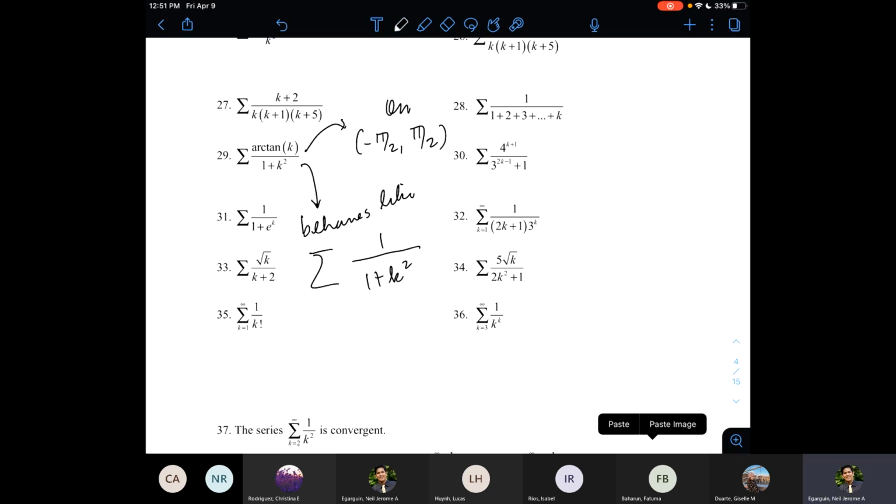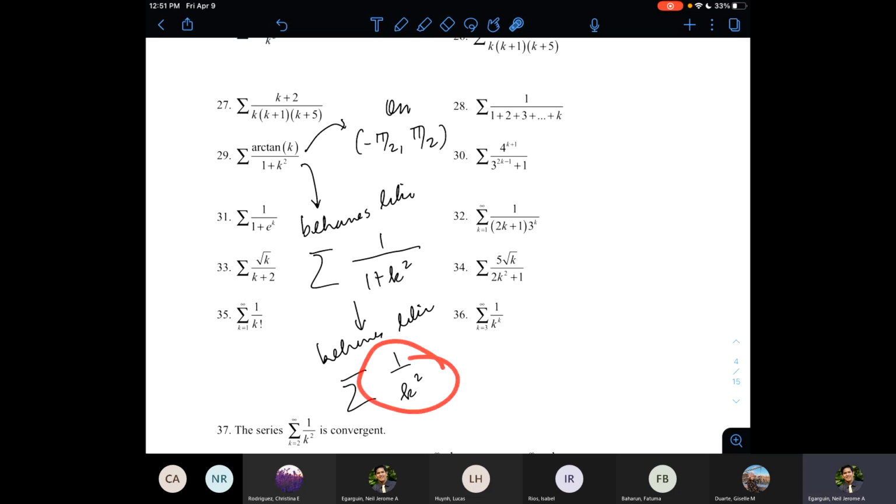But what do we know about 1 over 1 plus k squared? 1 over 1 plus k squared behaves like the sum of 1 over k squared. Agree? Because in the long run, this added 1 is insignificant compared to the value of k squared. All right.